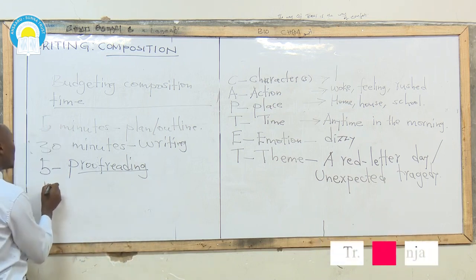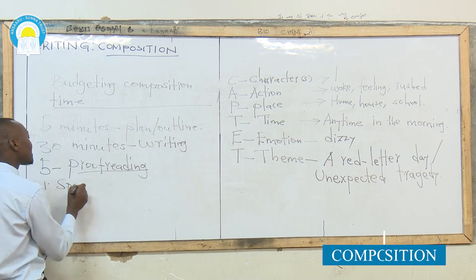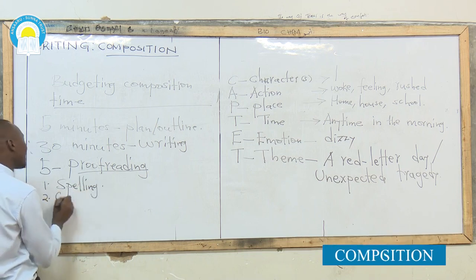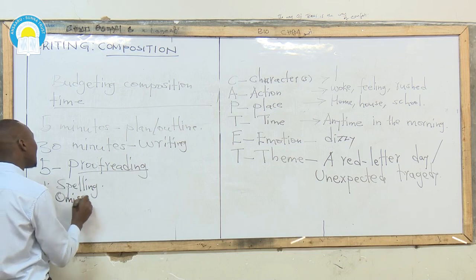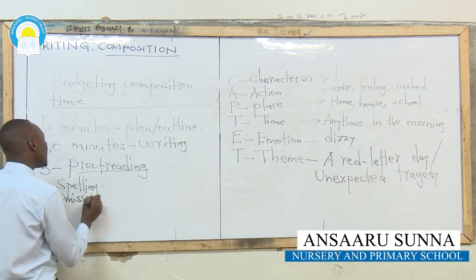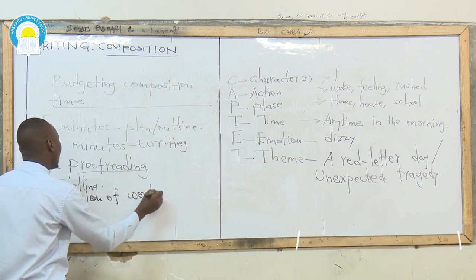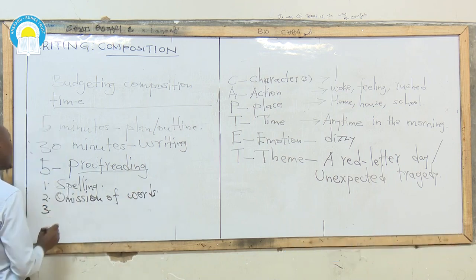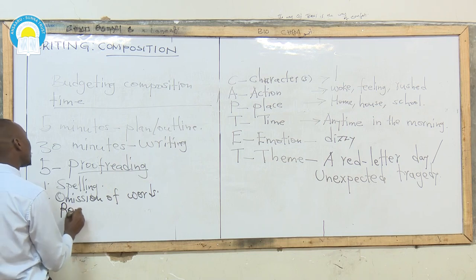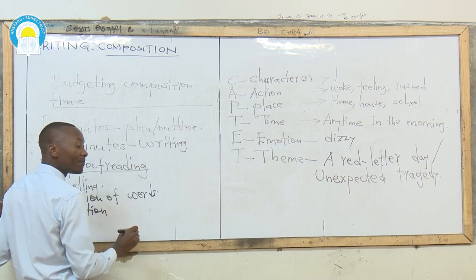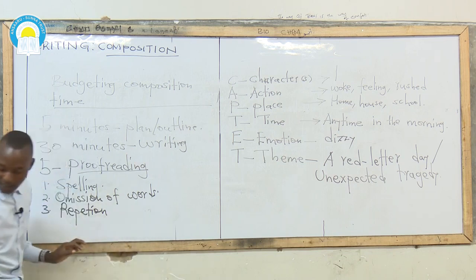Number 1, to correct spelling mistakes. Number 2, to correct the omission of words. There are some words that you must have omitted. Okay? You thought you wrote them, but you didn't. Number 3, we have correction of repetition of words. Correct the repetition of words that you repeated.